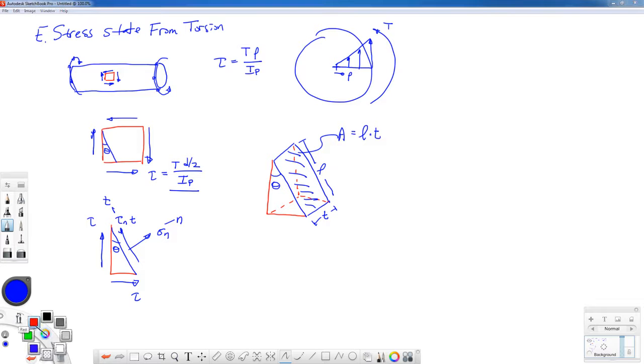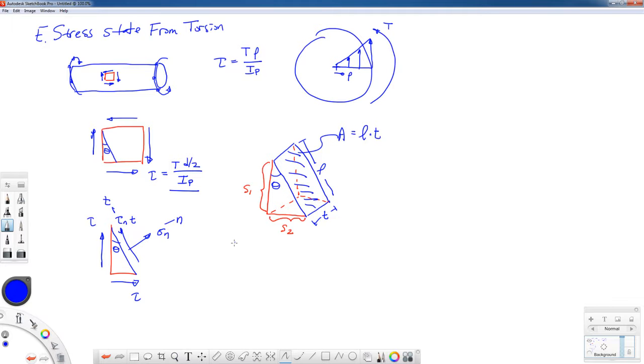I do have some other areas I need to deal with. So that's the area that sigma n and tau nt act on. But there's another area back here. It's thickness T, but it has this side length over here, I'll call this S1, and this side length over here, I'll call that S2. I can find out how S1 and S2 are related to the angle and this L dimension with a little bit of trig.